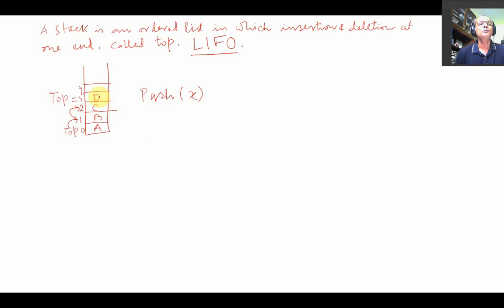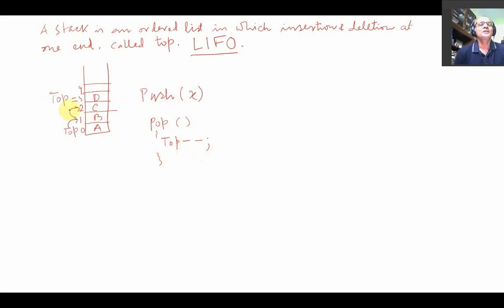Now you want to pop an element from the top of the stack. So D will be popped. D can be popped from the top of the address, and the basic operation is that for popping an element you just do top minus minus, that will give you the pop operation.